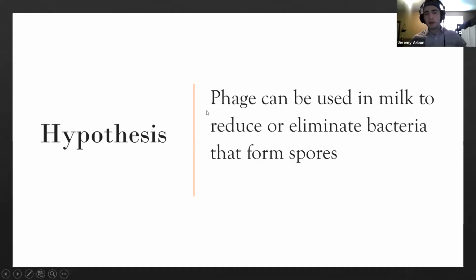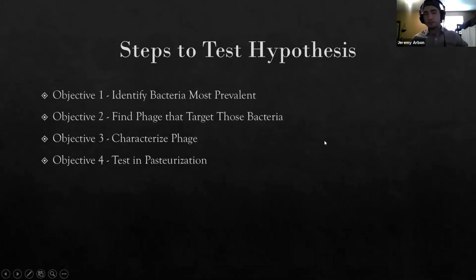Now, my hypothesis is that phage can be used in milk to reduce or eliminate the bacteria that are forming these spores. So these are the steps that I'm taking to test this hypothesis. The first step or objective is to identify the bacteria that's most prevalent in this process. We're mainly focusing on spore-forming bacteria found in milk powders, but this can also be applied to a wide variety of milk products.